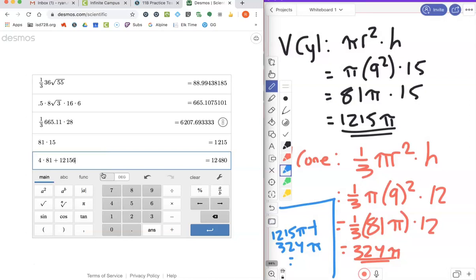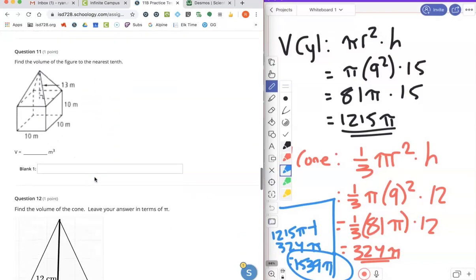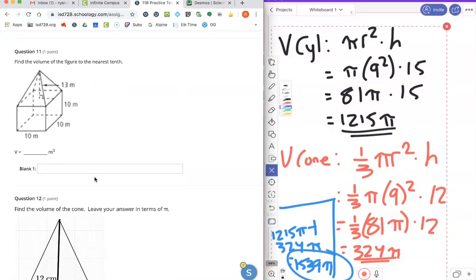So, oops, one too many numbers. So we have a total of 1,539 times pi. So we get the two separate volumes, we add them together, and we are done. 1,539.